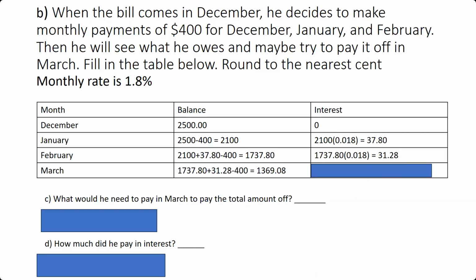I'll get the attendance sheet. The interest is only on that March balance of 1369.08. So it's 24.64. Any questions on that?